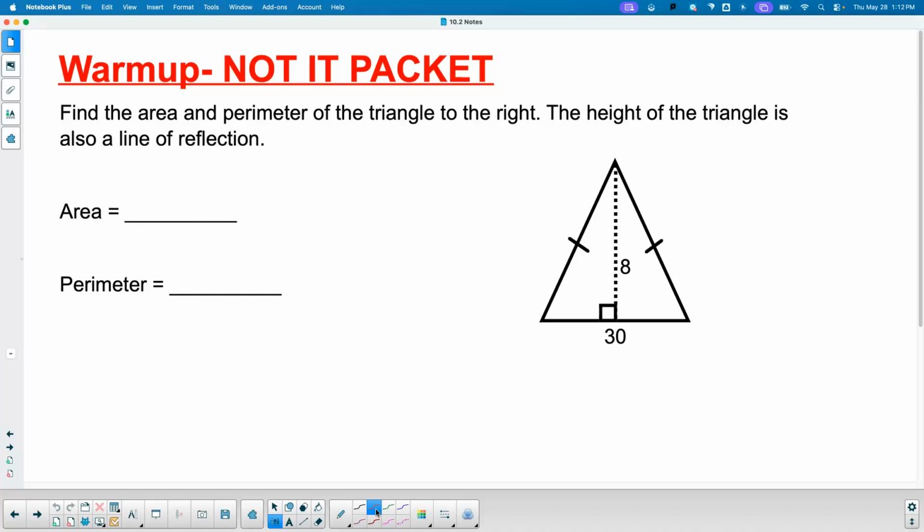So what does the height of the triangle being a line of reflection do for us in this problem? It has nothing to do with the height.